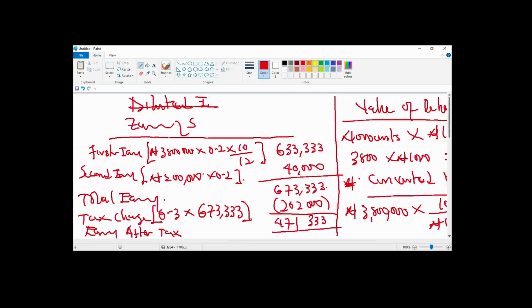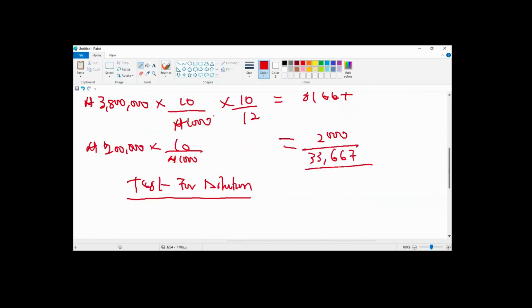Earnings is 471,333 divided by. What does it give us? 1.4.